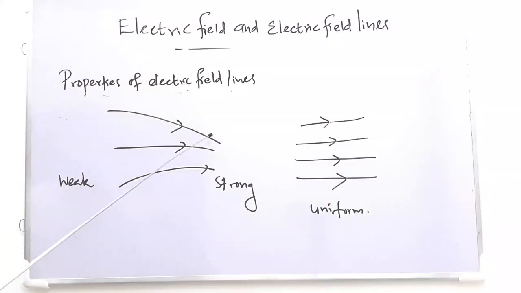Here the field lines are close together. Here it is far apart. That means here the field intensity is weak, here the field is strong. Now these are equally spaced parallel lines which represent uniform electric field. That means intensity is same everywhere. Here intensity will be less, here intensity of electric field will be more.